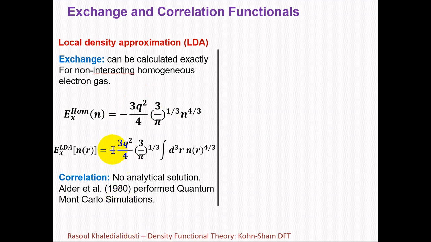That's the exchange part. But for the correlation part, there is no analytical solution. But Ceperley and Alder in 1980 performed very expensive quantum Monte Carlo simulations and obtained numerical values for this correlation, also for the homogeneous gas, that can be used in our DFT calculations.